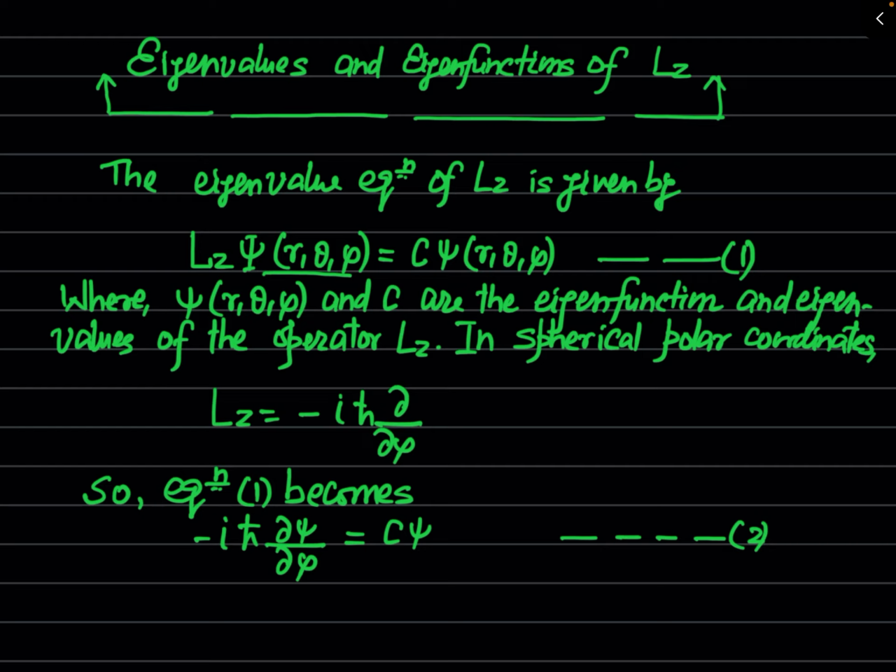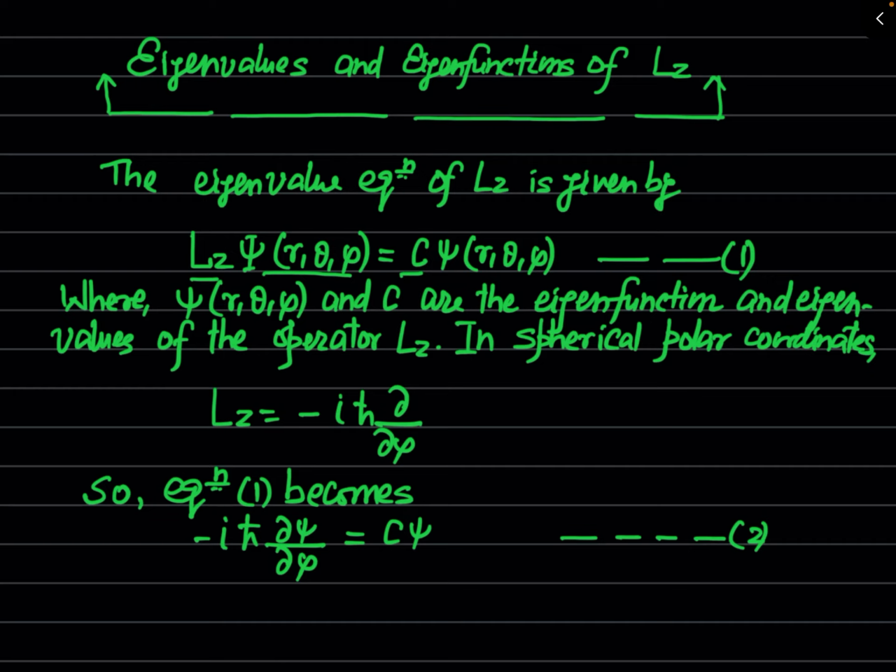This is simply known as the eigenvalue equation, because whenever we operate the operator on the appropriate eigenfunction, we get simply the eigenvalue of the operator times the same function. So here psi of r theta phi is the eigenfunction of Lz, and C is its eigenvalue.